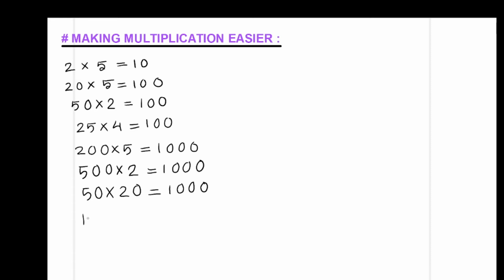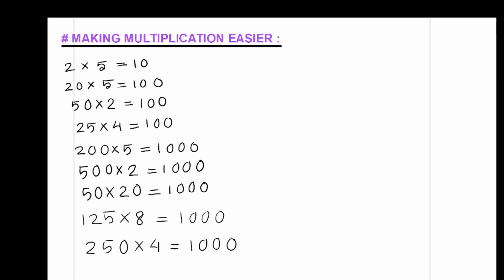Then 125 into 8 is 1000. Then 250 into 4 will also give us 1000. If you can remember this type of number multiplication, then you can easily find the answers.